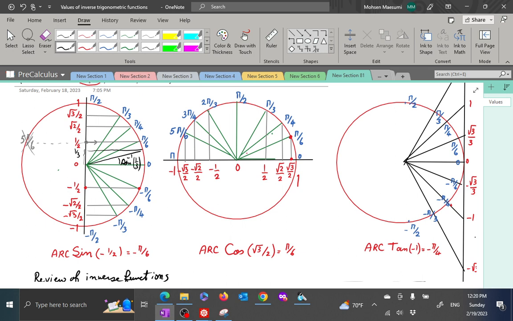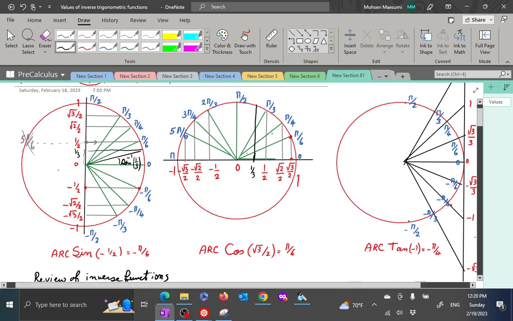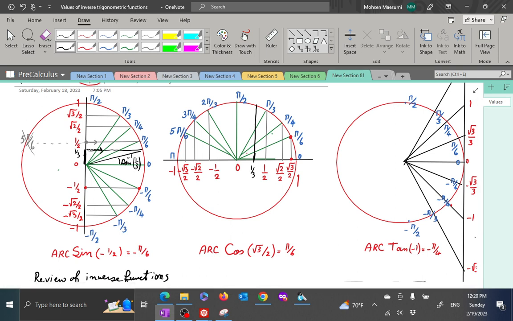Same issue here. If they give me a number and I want to visualize the arc cosine of that number, suppose again they gave me 1/3, and I want to figure out what is arc cosine of 1/3. Now here I go straight up. The important thing here is that for sine we went on the vertical and traced ourselves back.